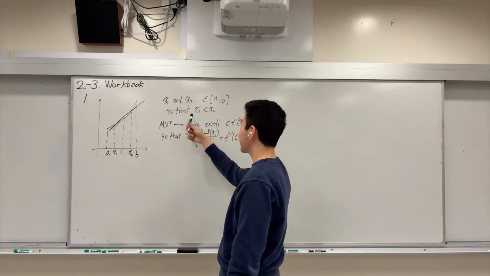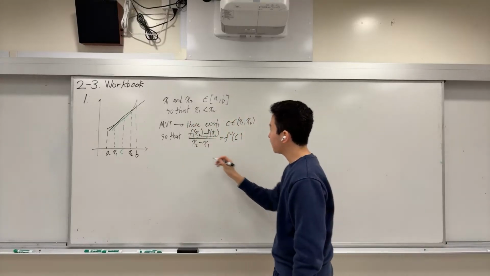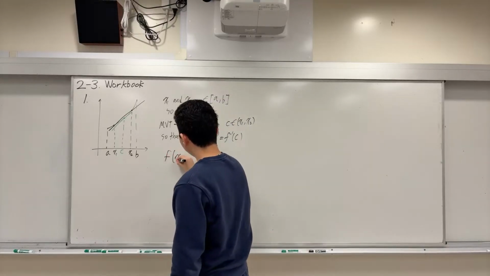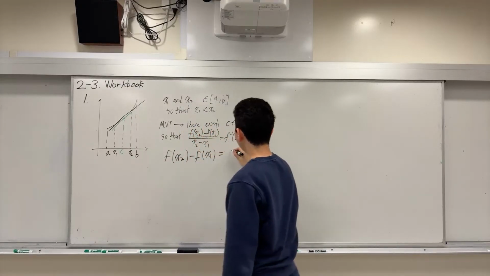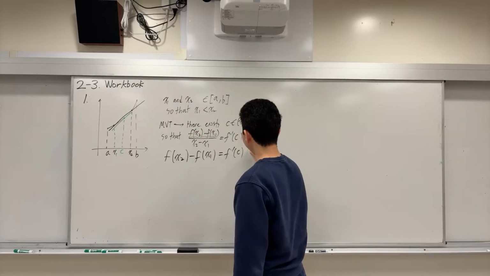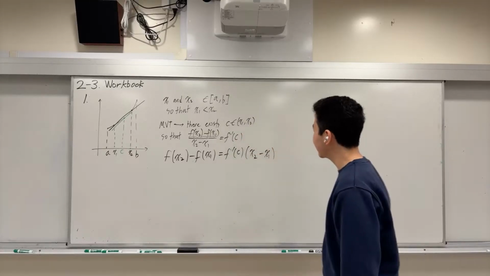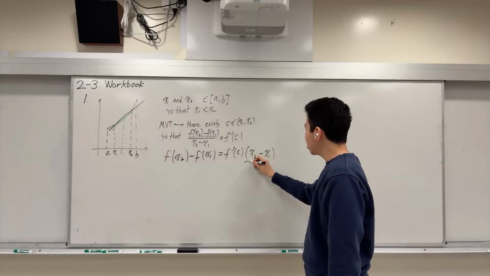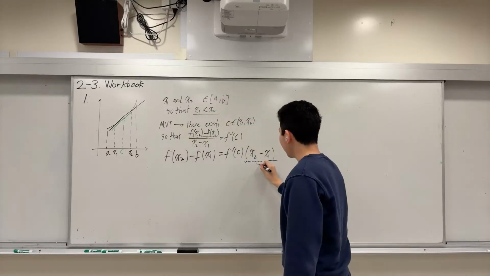We can do that because x2 and x1 are never going to be equal to each other, so there's no issues there. So f of x2 minus f of x1 is going to be equal to f prime of c times x2 minus x1. We know that x2 minus x1, because we set it up this way, is going to be positive, right?